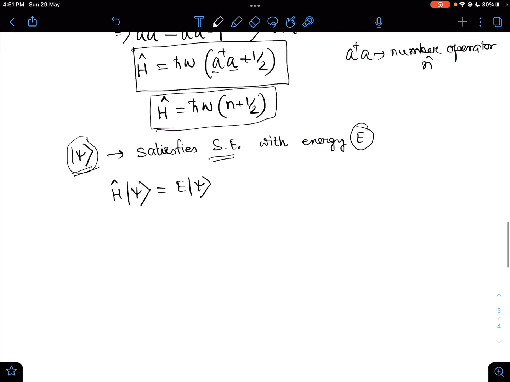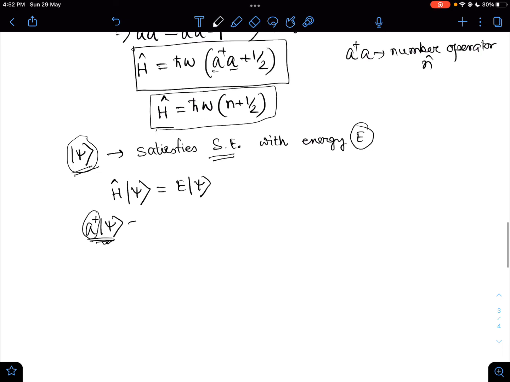Now we are claiming that if we operate A Dagger on psi, this is an operator, so if it acts on a state, it will give a new state. This new state will satisfy the Schrödinger equation with energy value E plus h cut omega.